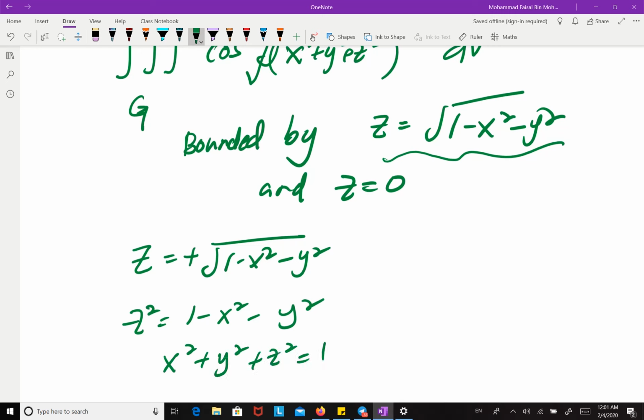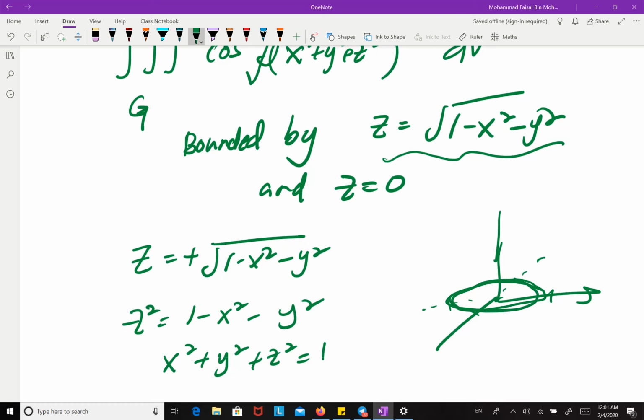So this is nothing but a sphere of radius 1, but we just consider the upper half. So this is a hemisphere. If we draw it in 3D, I have radius 1 here, and 1 here.